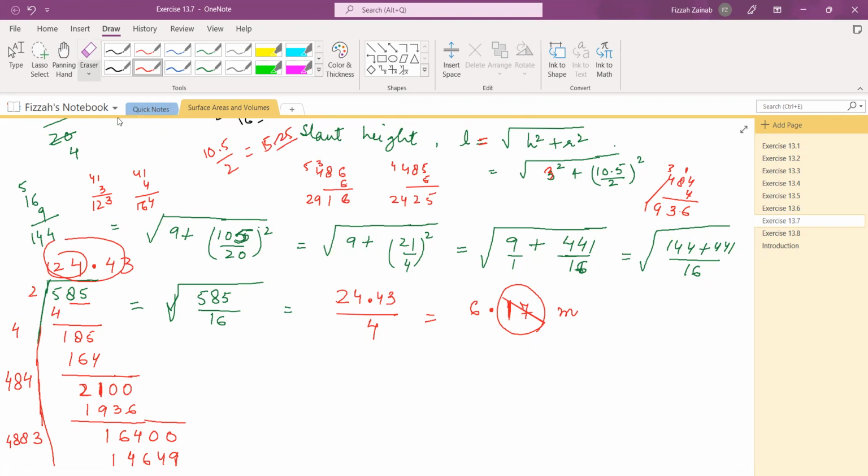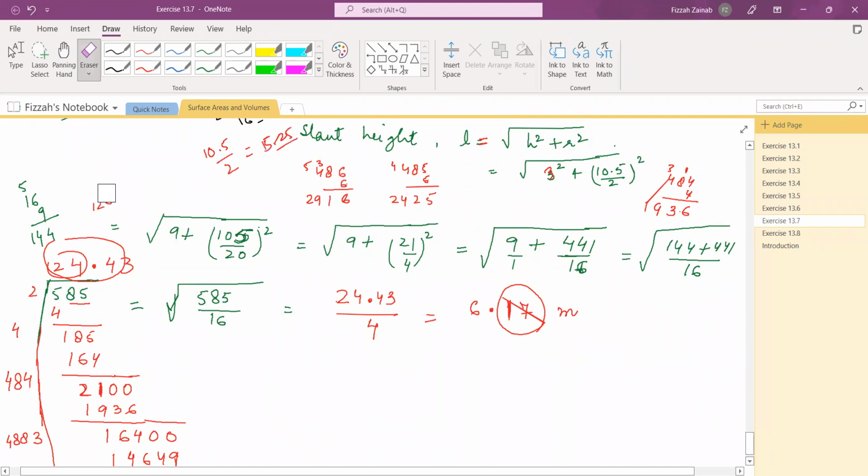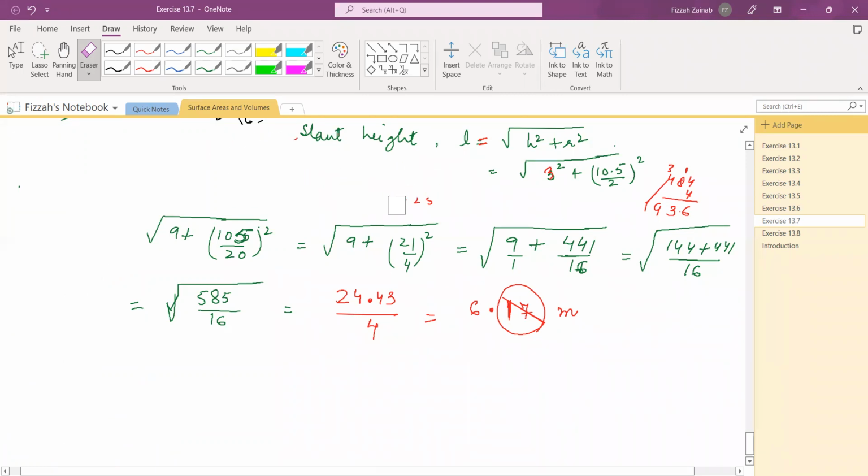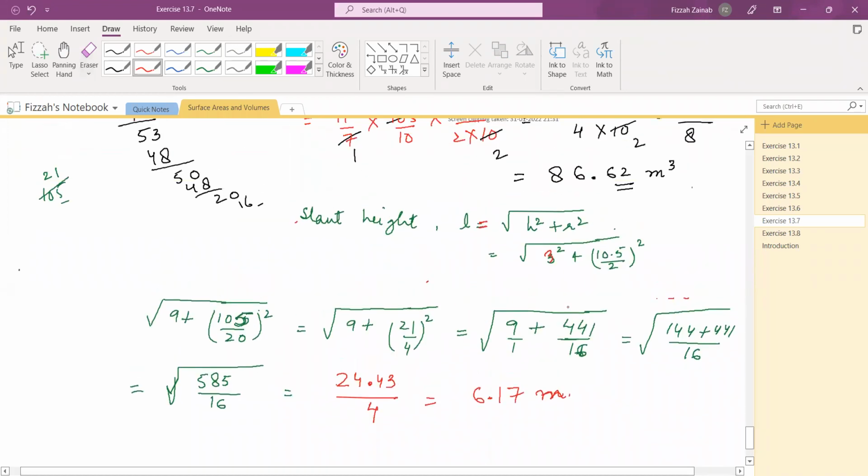Okay, let me just clean a bit of area, otherwise you will get confused. Let me just explain what I'm doing. I've got .17 meter here. So far, this is correct, but if you do this calculation like this, Hamna, are you there?